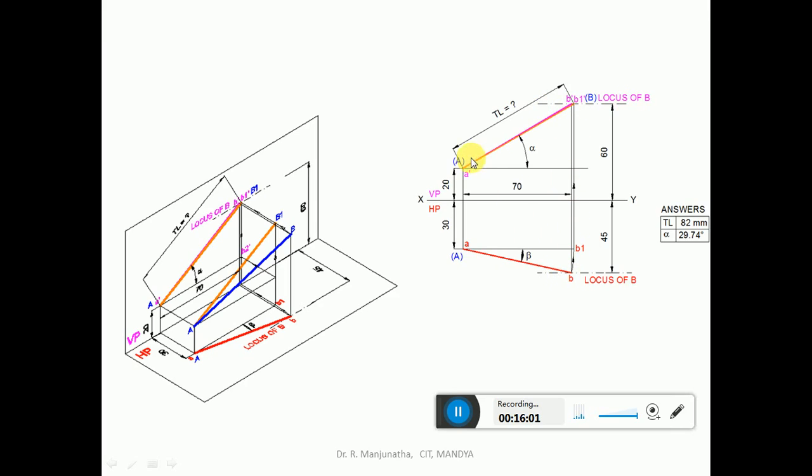So the corresponding locuses here, A dash and A is one point which is going to be on the locus. Similarly, B dash and B is the other locus.